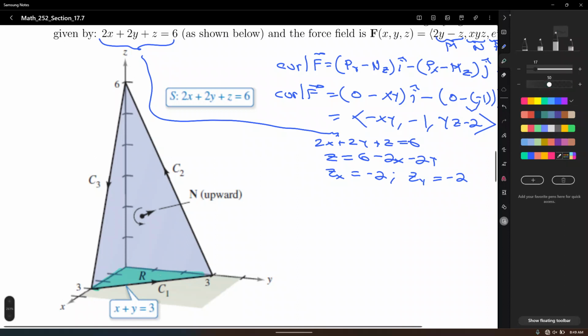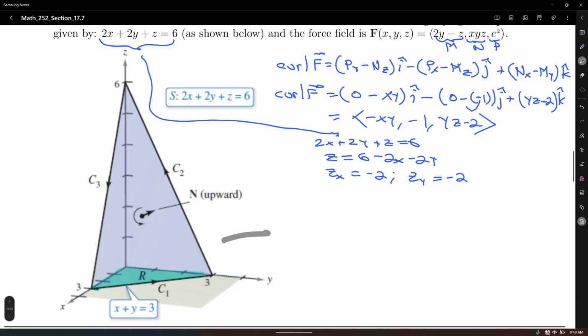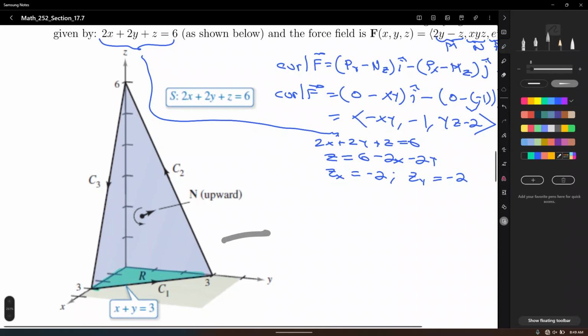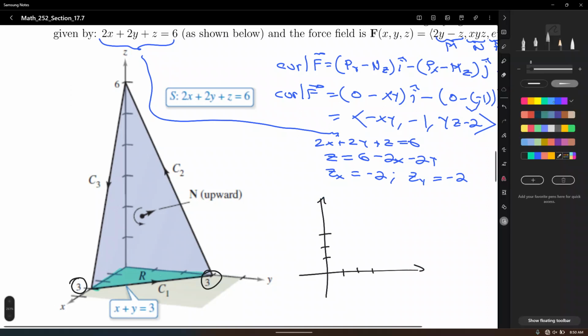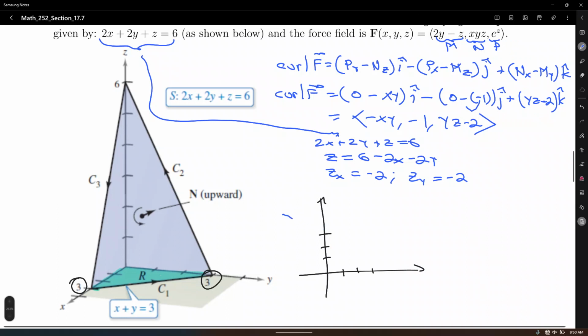So let's draw a Cartesian plane to look at that projection. Do you see the intercepts there? 3 and 3. 1, 2, 3. 1, 2, 3. So that'll be this region of integration. y equals 3 minus x.